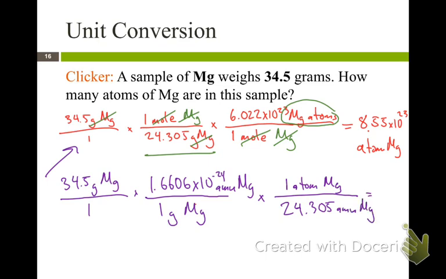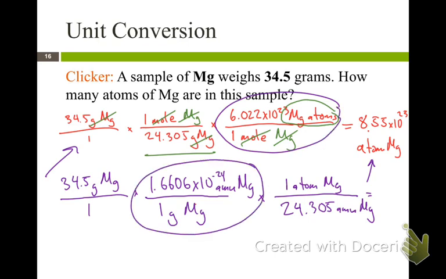If we went through and did these calculations, you will find that you get the exact same answer. In part, that's because the two numbers that I just circled are reciprocals of each other, related through Avogadro's number. But the important part to keep in mind is that your homework on a lot of platforms is going to want you to convert from grams to moles first. That's the approach on top, instead of converting from grams to AMU and then AMU to atoms.